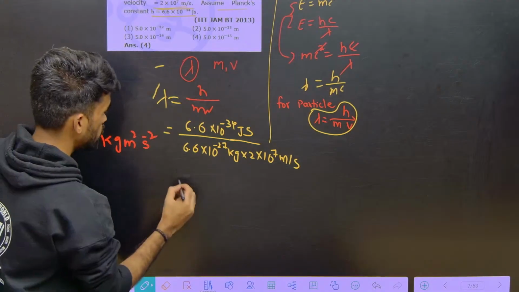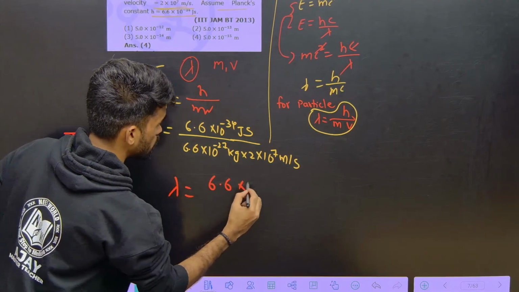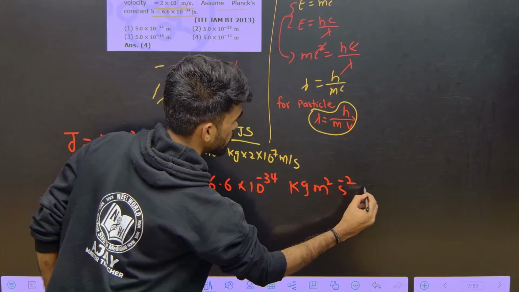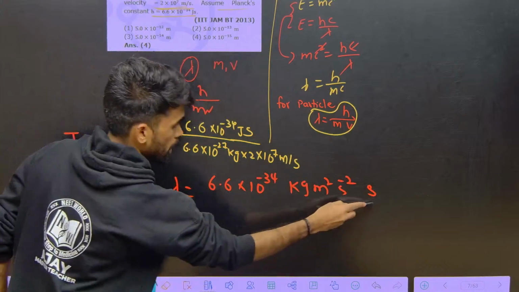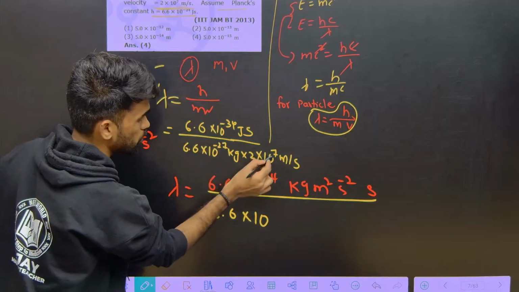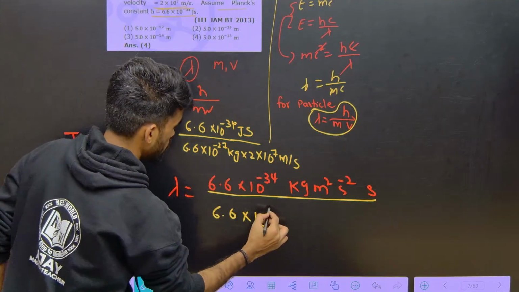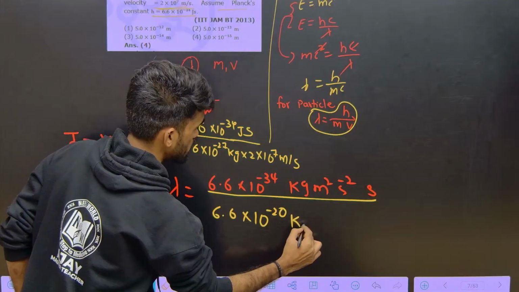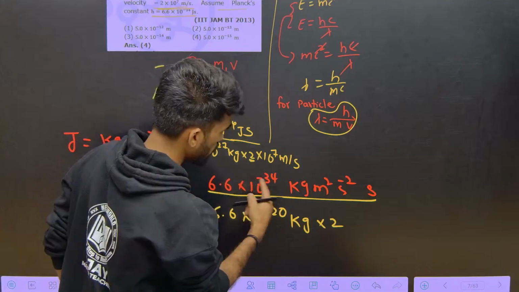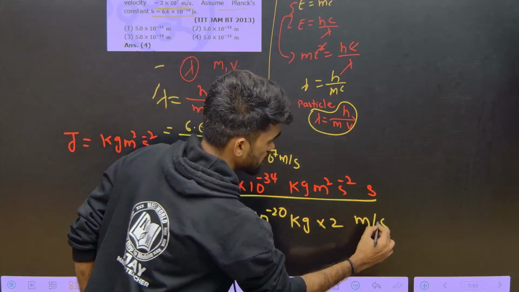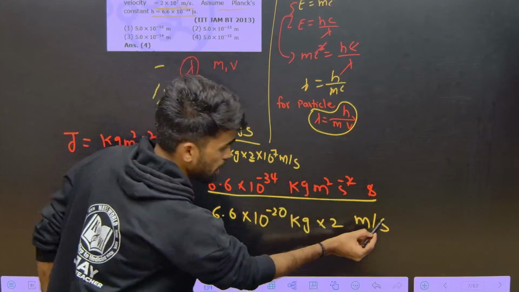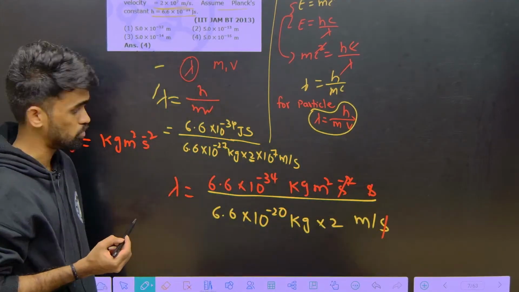So put here the value 6.6 into 10 power minus 34, kg meter square into second, by 6.6 minus 27 plus 7, minus 20, kg into 2 only, no? 2. Here we have meter per second. So per second square into second, here again per second completes, per second is removed.